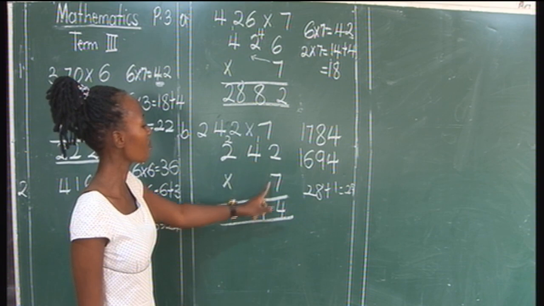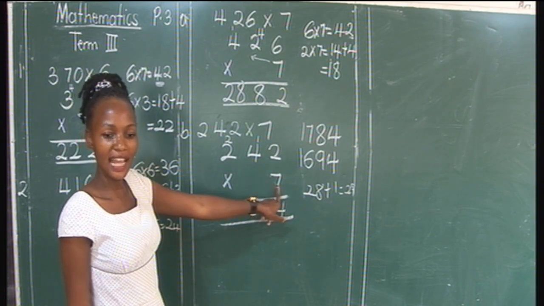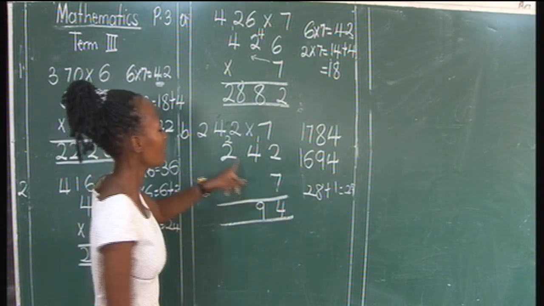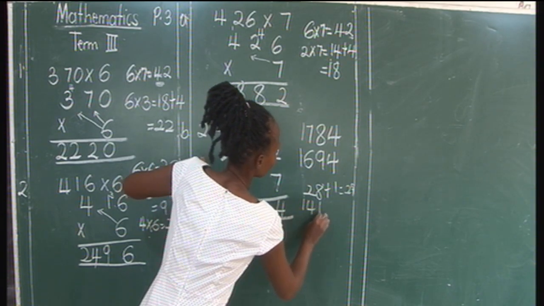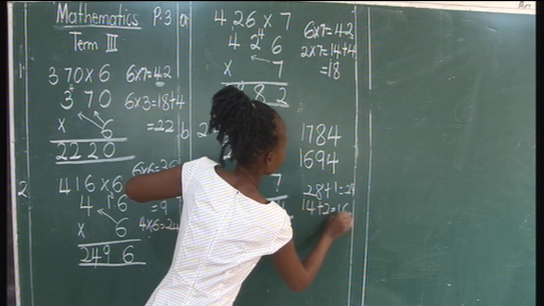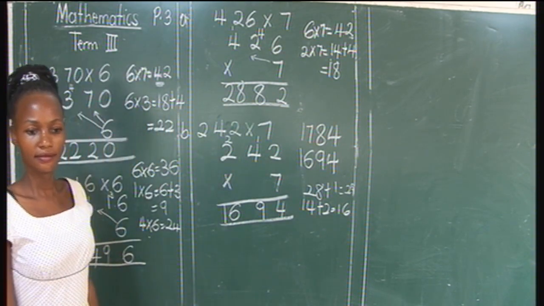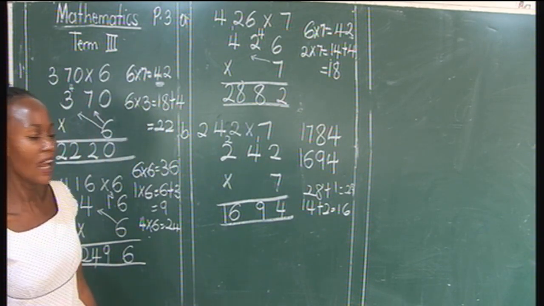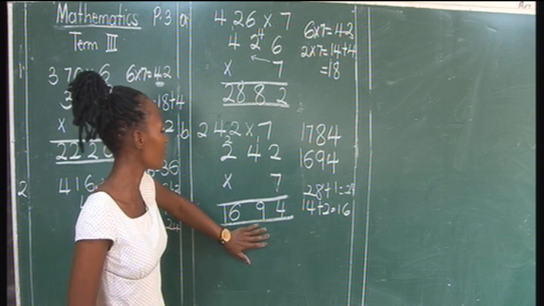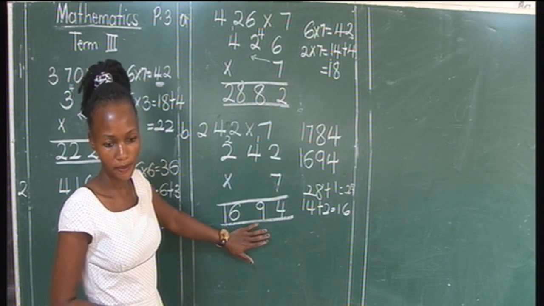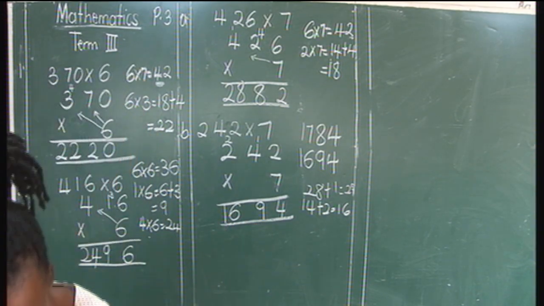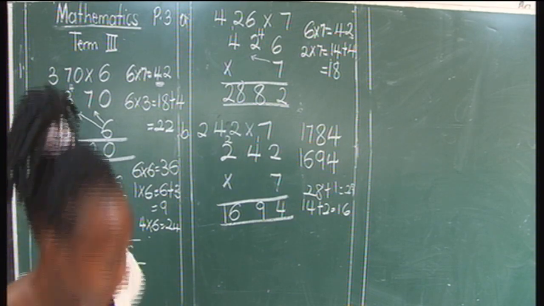Now 2 times 7, that is 14. 14 plus 2, that is 16. All right. Now if you don't have this answer, correct yourself.